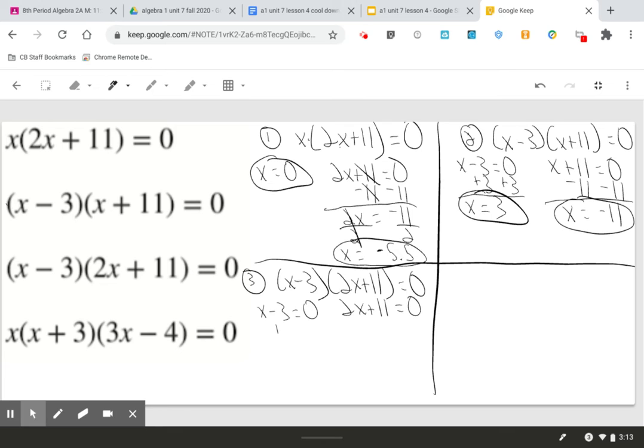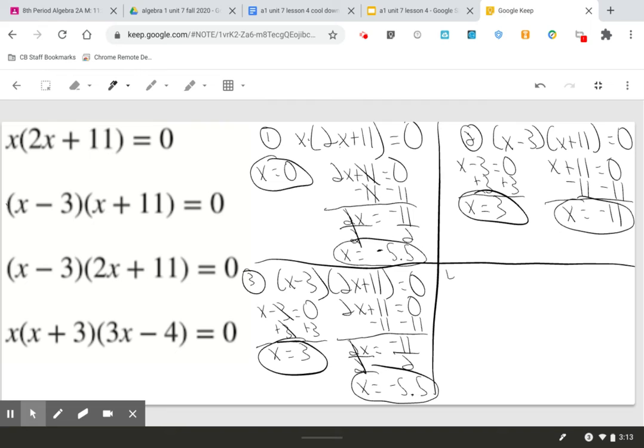So on this one, I'm going to add 3 to both sides, and I'm going to get x equals 0 plus 3. And on this one, it's a two-stepper. I'm going to subtract 11 from both sides. So 2x equals 0 minus 11. And then finish it off by dividing both sides by 2. And that's going to give me negative 11 divided by 2. Once again, we saw this up here as negative 5 and a half.